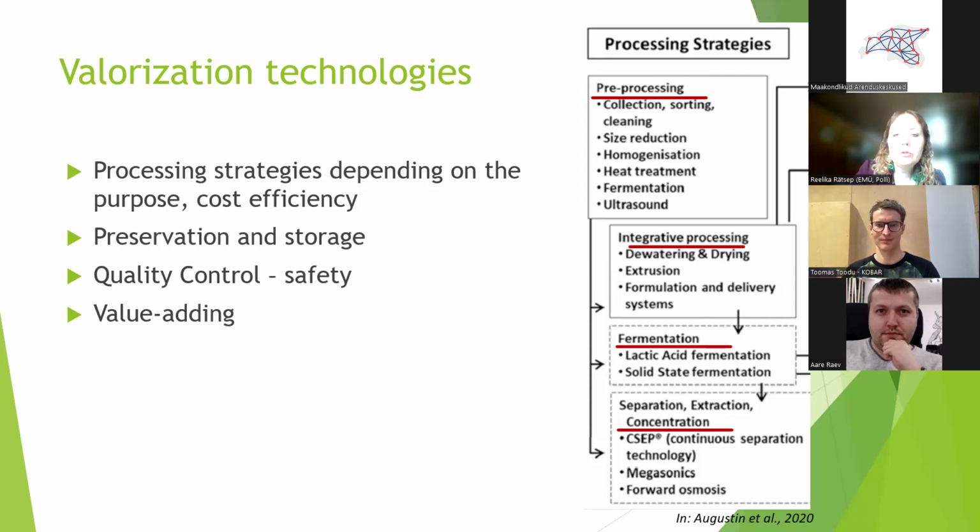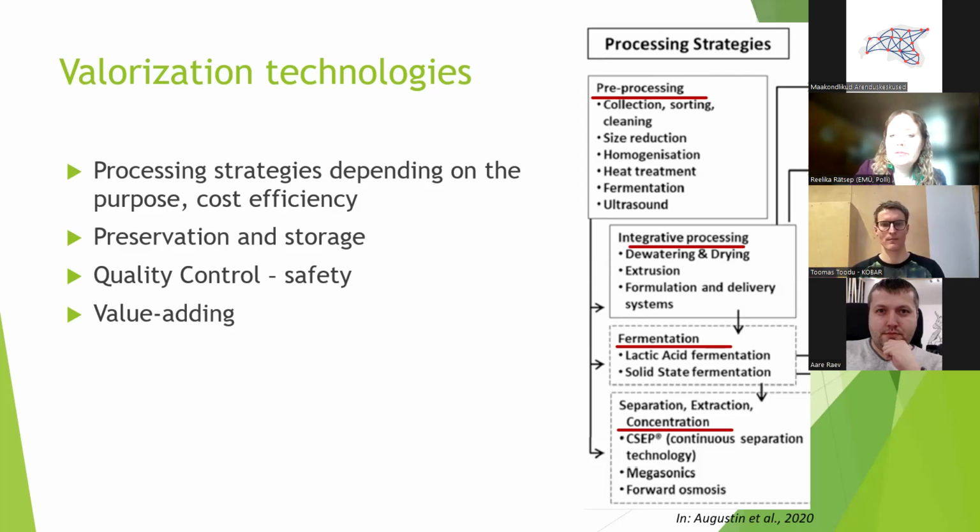So we need to also go for size reduction, maybe homogenization, heat treatment in order to preserve and storage, in order to make it safe for the using. We may use the fermentation technologies to give the added value to extract compounds from the material.